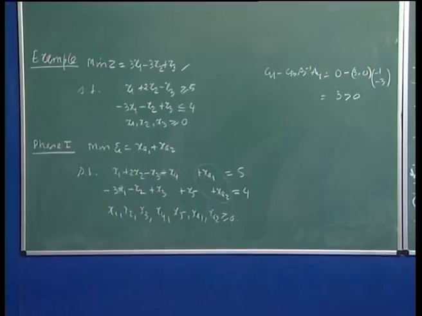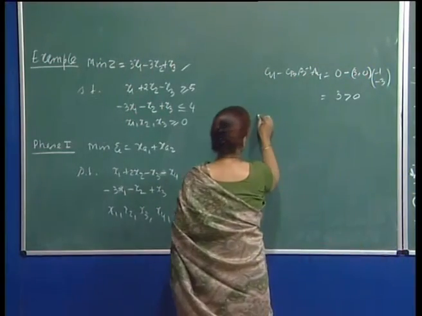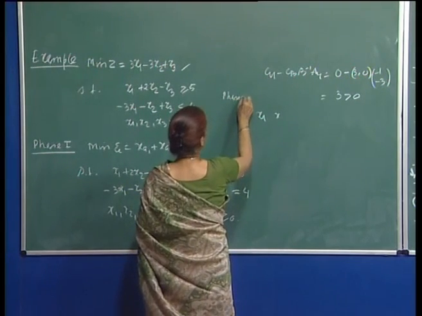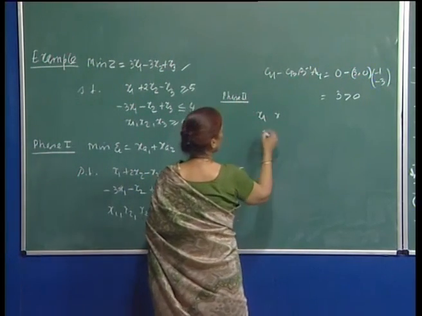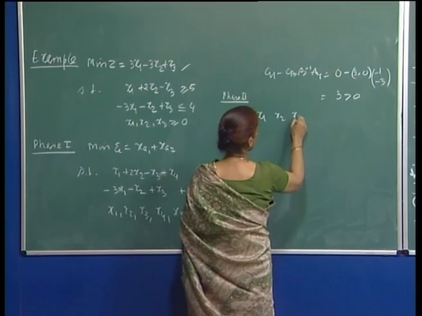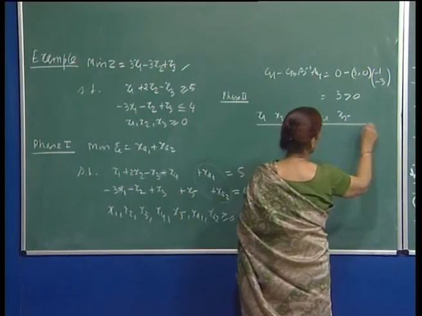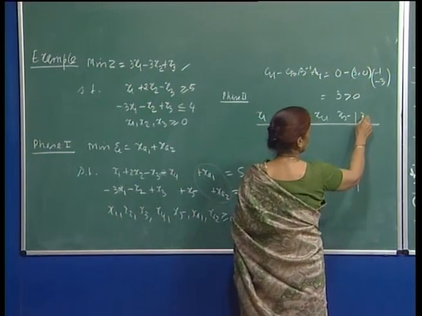Maybe let me just do it for you here. So what will it be now? This is your phase 2. So X1, X2, X3, X4, X5, that's all I need. The artificial variables have done their job.